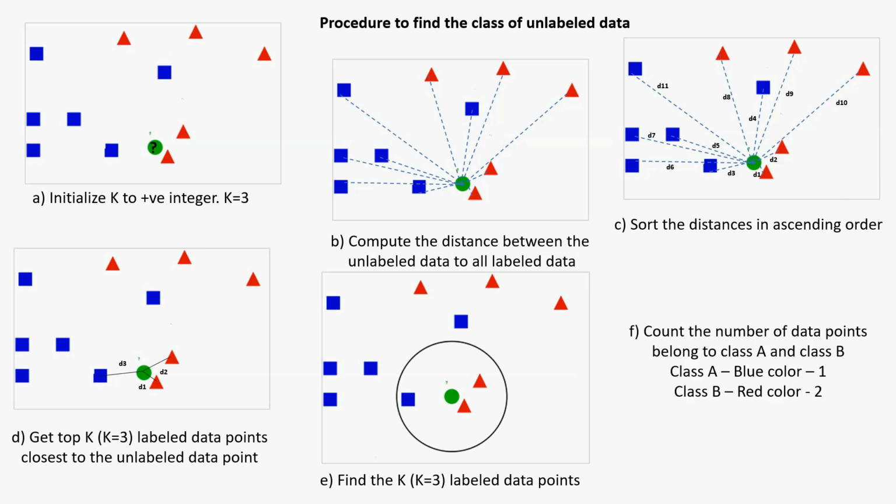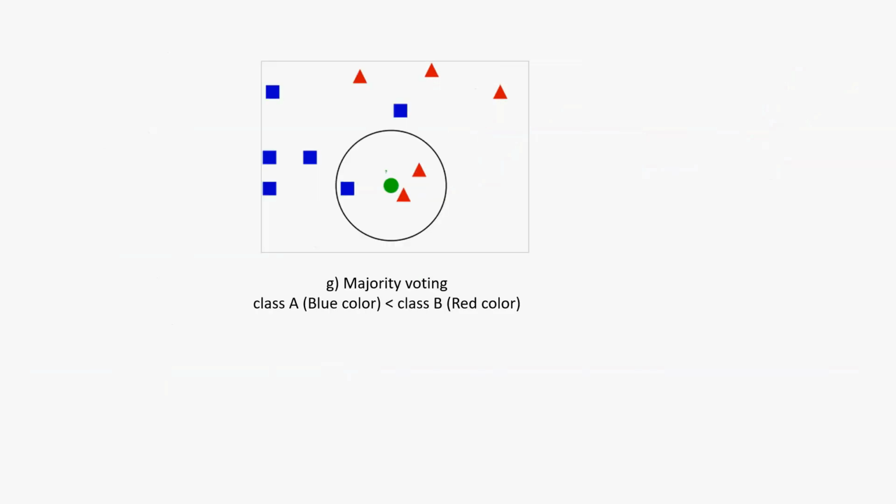In the next step, we count the number of data points among the nearest neighbors: how many belong to class A, how many belong to class B. Class A is blue color, so the number of neighbors of blue color closest to the unlabeled data is 1. The number of neighbors of red color closest to the unlabeled data is 2. The last step of this algorithm is majority voting.